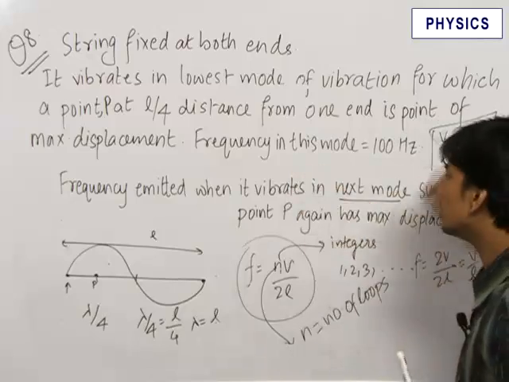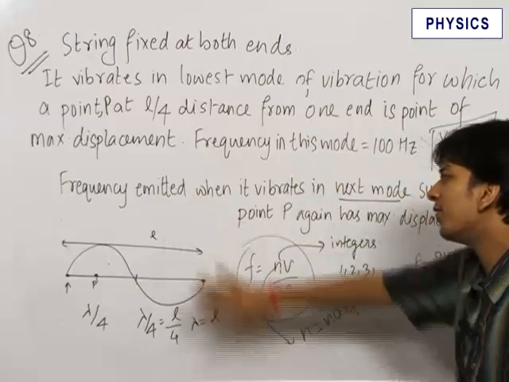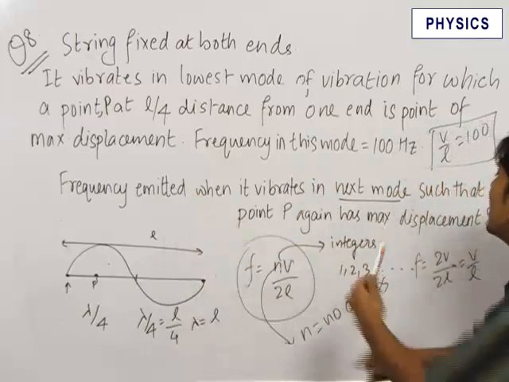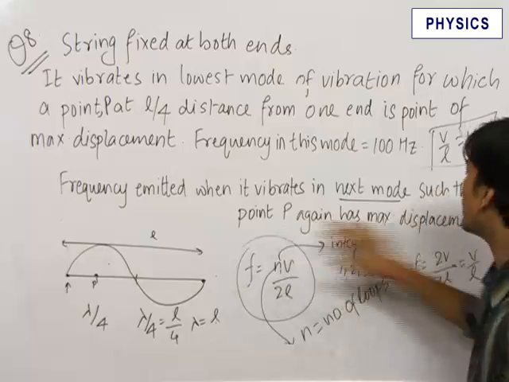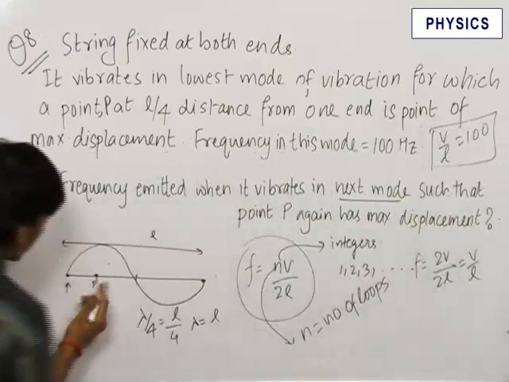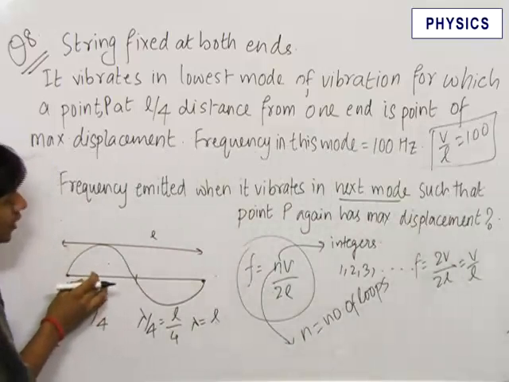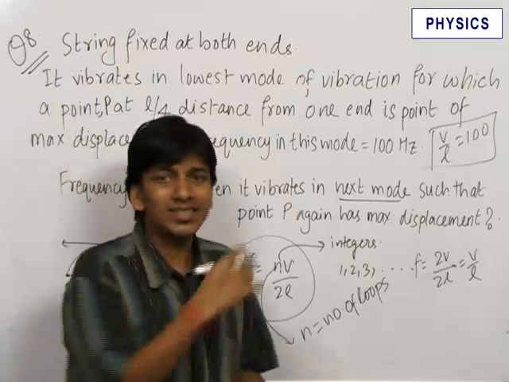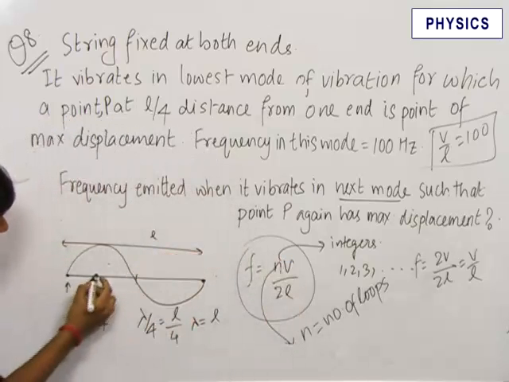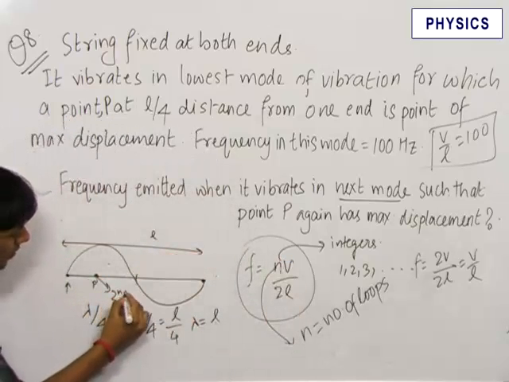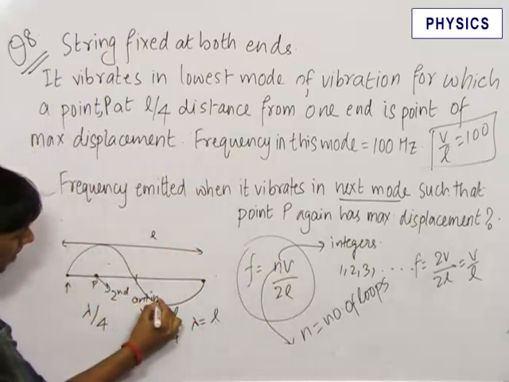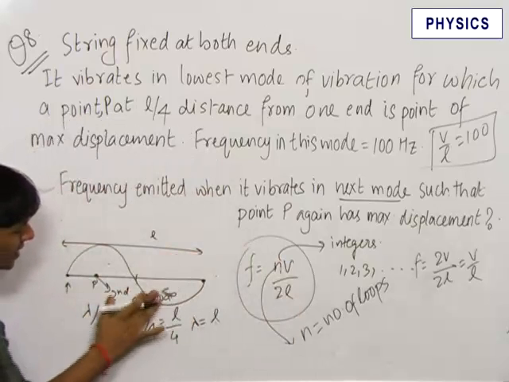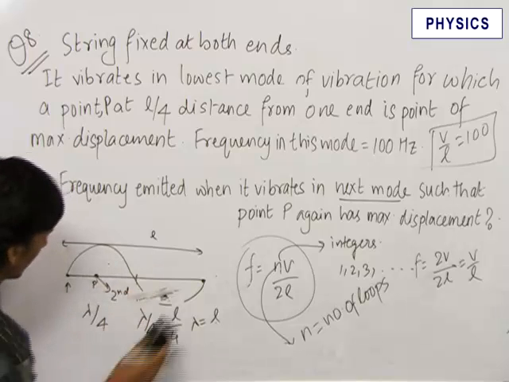Now for the second part, we will use this information. We need to find out the frequency emitted when it vibrates in the next mode such that the point P again has maximum displacement. For point P to have maximum displacement again, it again has to be an antinode, and since it has to be just the next mode, this has to be the second antinode now.